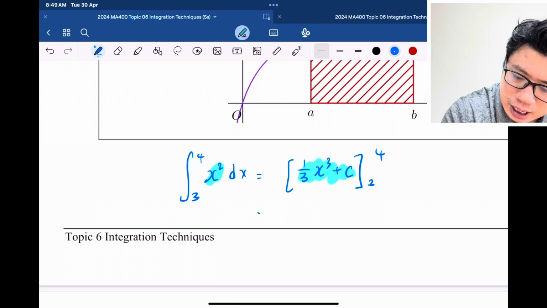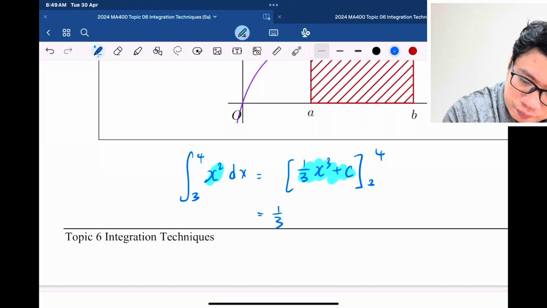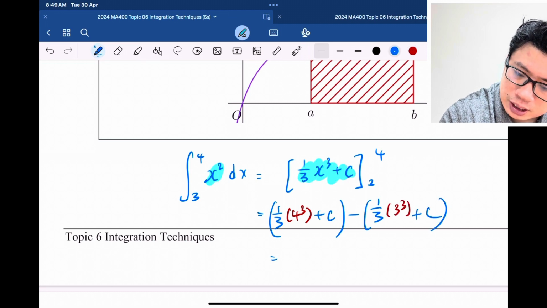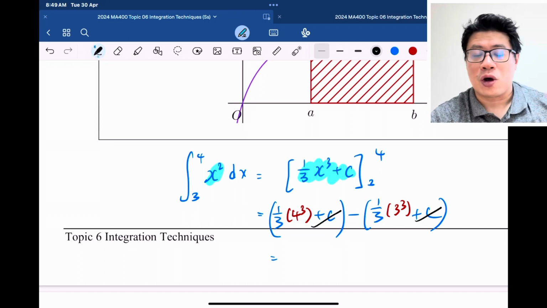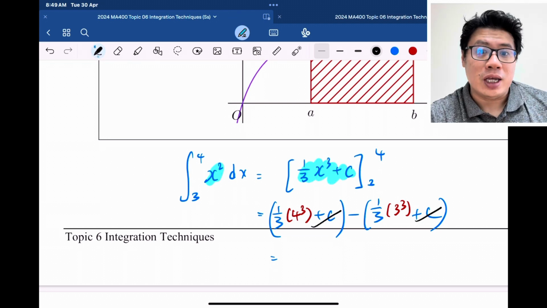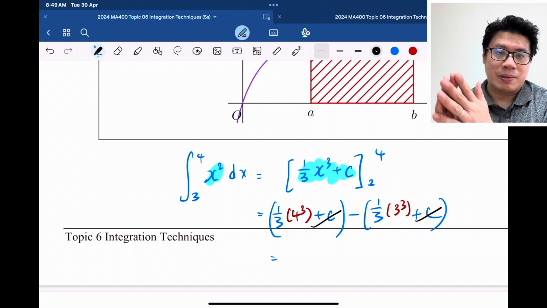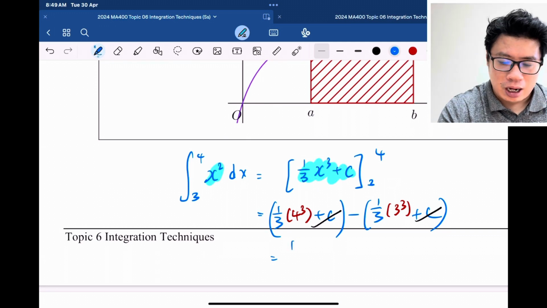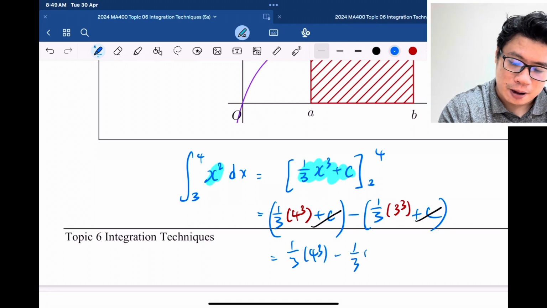What you notice is that there is 1/3 of the upper limit plus c, minus 1/3 of the lower limit plus c. And what do you notice? Can you see that the c just cancels off? So in a definite integral, the arbitrary constant basically is cancelled off. That is why we do not have any arbitrary constant there.